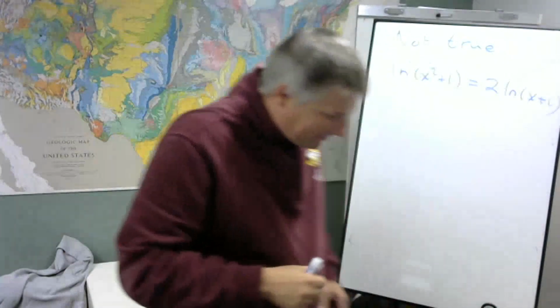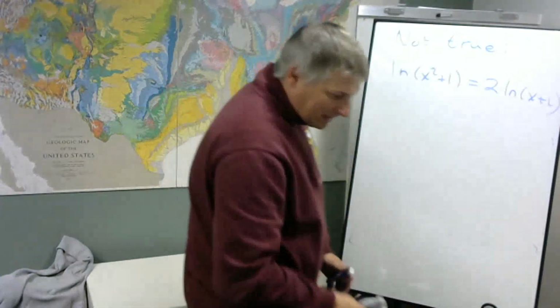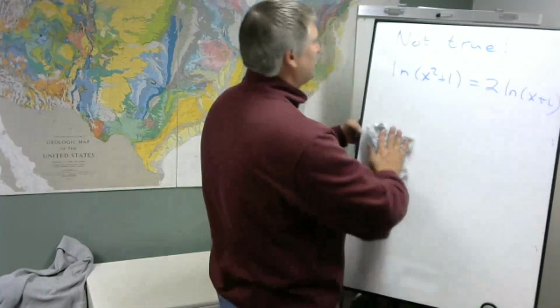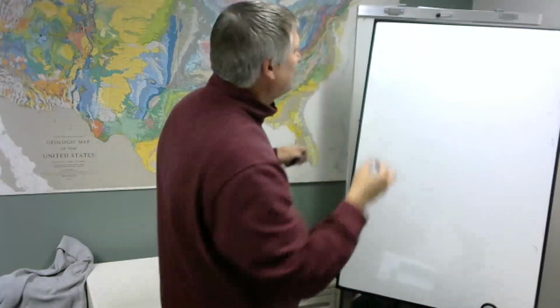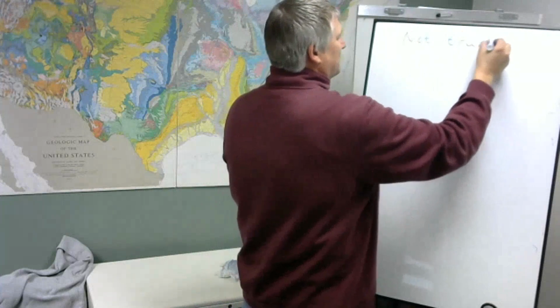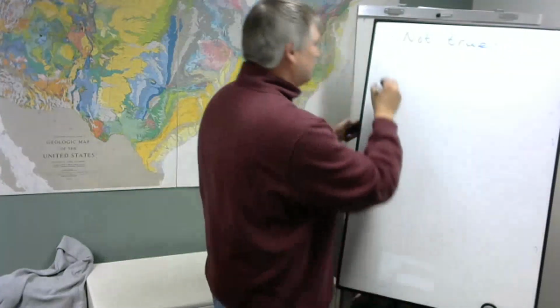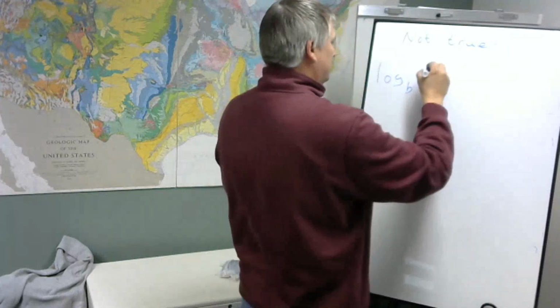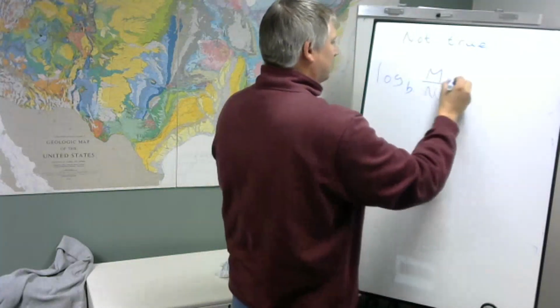All right. Let's see some other ones the author mentions. So internal exponents don't hop down. Some other ones the author mentions: log base b of m over n.